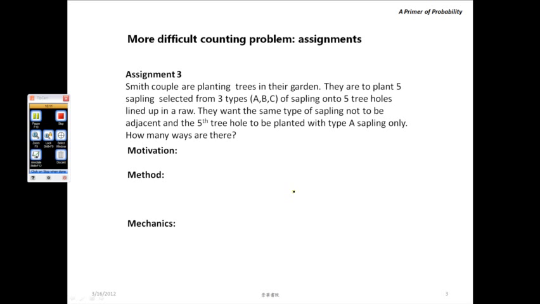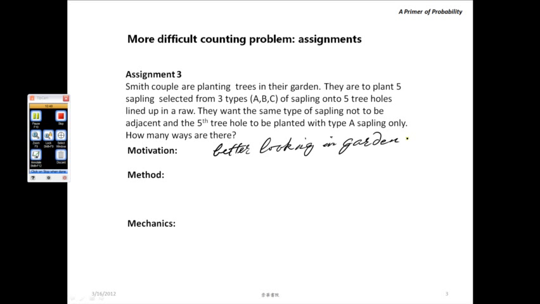Let's go to our 4M approach. What's the motivation? Smith's couple's motivation might be better looking in their garden. The method, since its content is not very explicit, we are going to try the graphic approach.